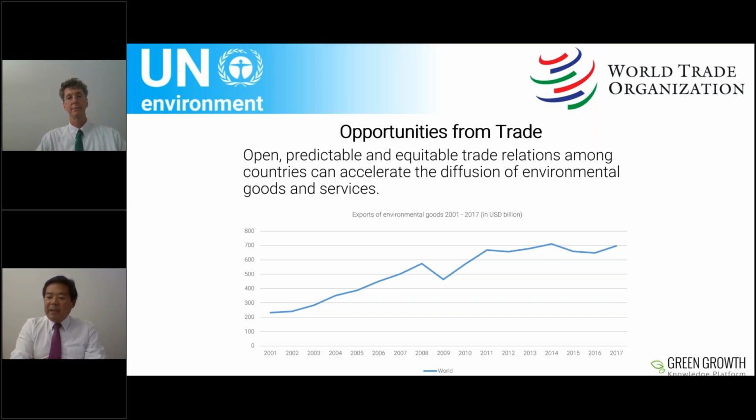And if we dig a bit deeper, we find that international trade is already playing quite a significant role in diffusing environmental goods and services, reducing costs, and ensuring that there is a supply of technology going to different markets where it might be needed the most. One of the big stories behind environmental goods is, of course, renewable energy goods such as solar panels, and you find a dramatic reduction in costs.